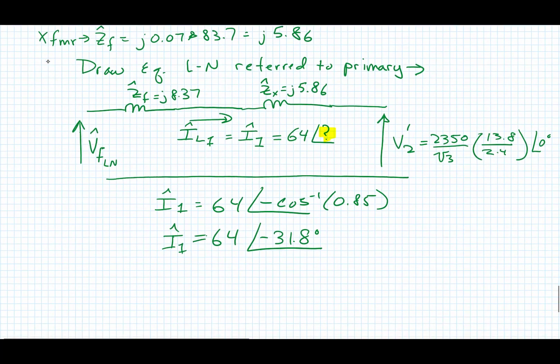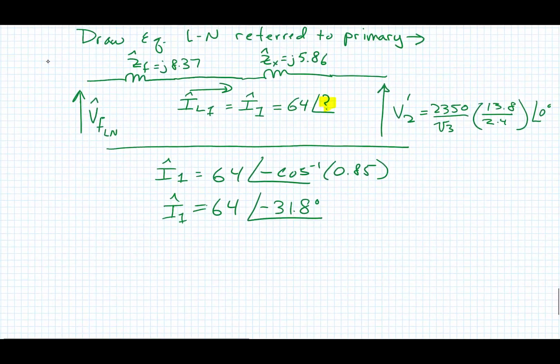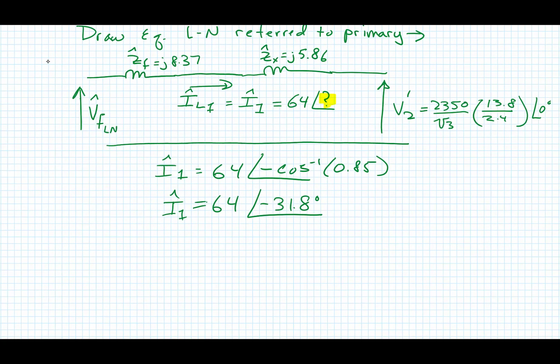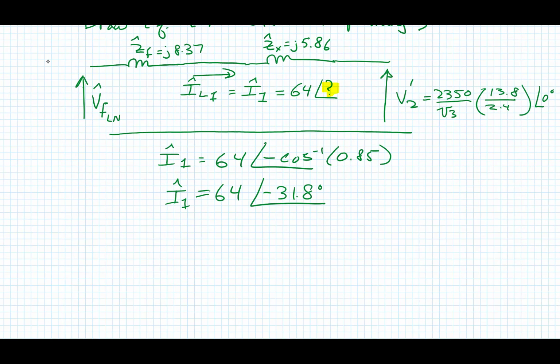And now we are able to find our line voltage of the feeder. So the V line at the feeder is going to be, we're going to combine these together, so that's going to be 8.37 plus 5.86. We can draw this in phasor form.